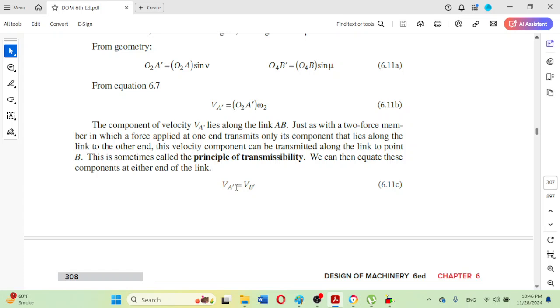So VA dash will be equal to VB dash, meaning that the component along the coupler link will only be transmitted to pin B, the pin which connects the output link with the coupler link. So only that component will be 100% transmitted to the output or rocker pin if the pins are frictionless.